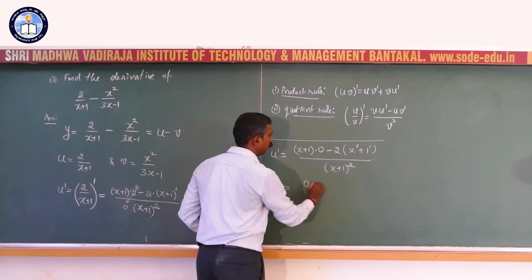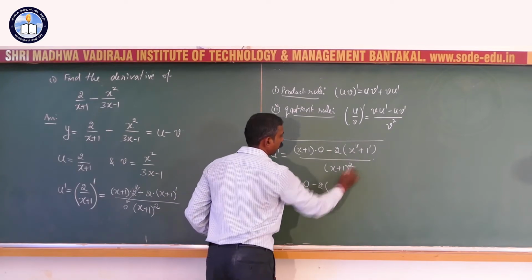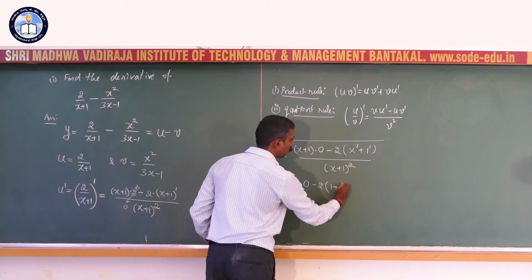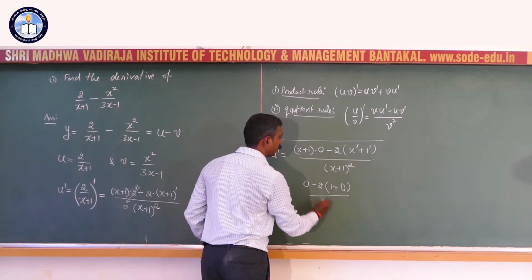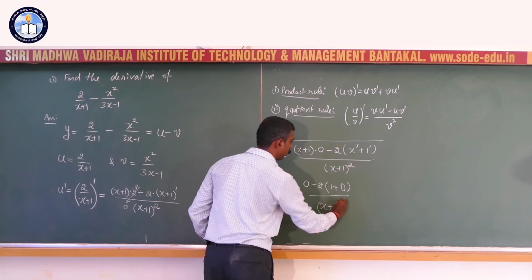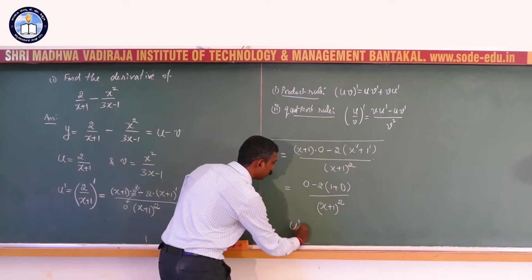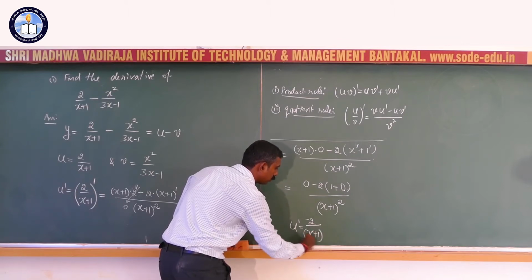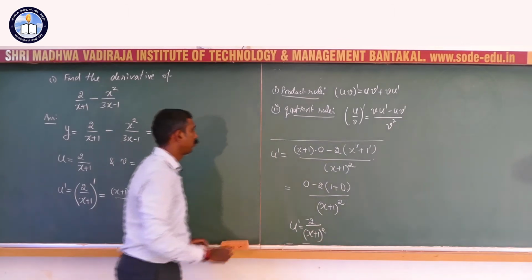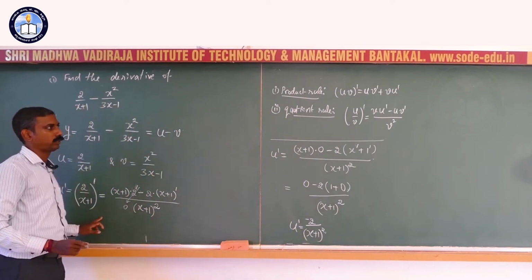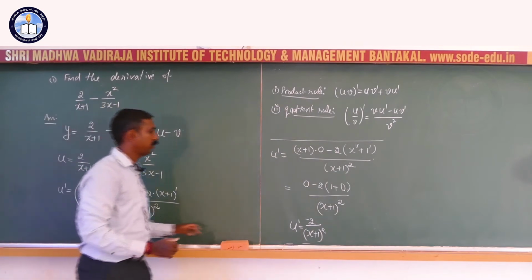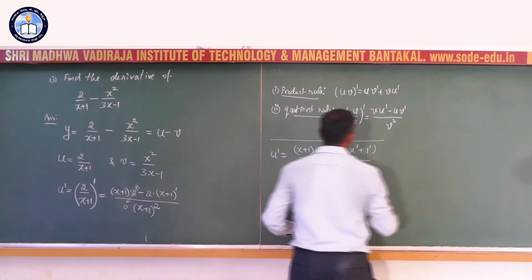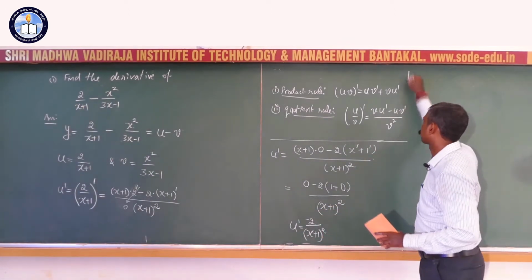So, that is 0 minus 2 into the derivative of x which is 1 plus the derivative of 1 which is 0, divided by x plus 1 whole square, or u dash is equal to minus 2 divided by x plus 1 whole square. So, we have the expression for u dash now. Similarly, we have to calculate the derivative v dash. Let us compute here.